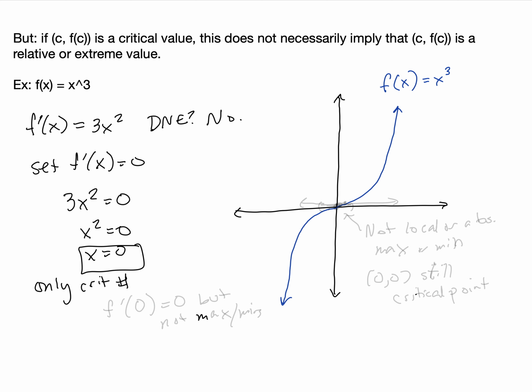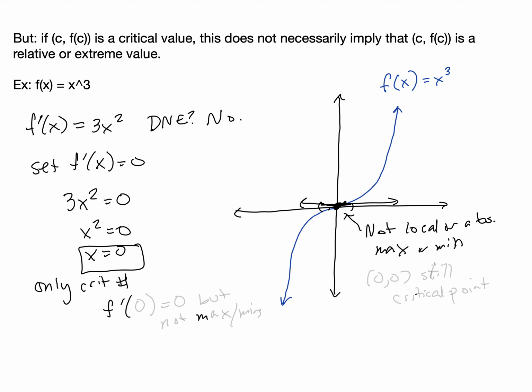Now let's think about what happens to the graph of f of x at x equals 0. Well, is that a local max or min? No. If we look at any open interval containing it, then there are points that are higher than it, larger than it in that interval. There are points that are smaller than it in that interval. So this is not a local or absolute max or min. But this is a place where just for a moment in time, the derivative is 0, the slope is 0.